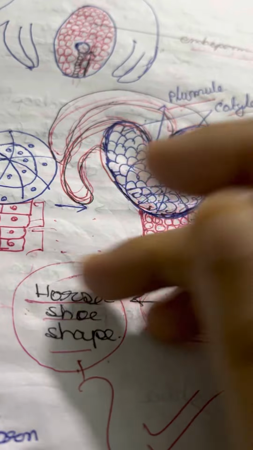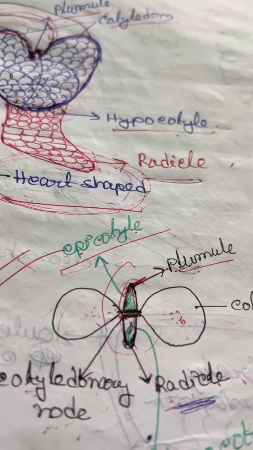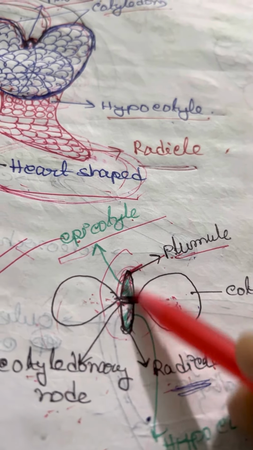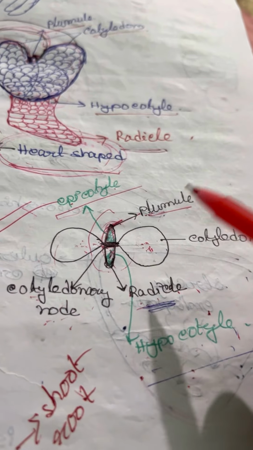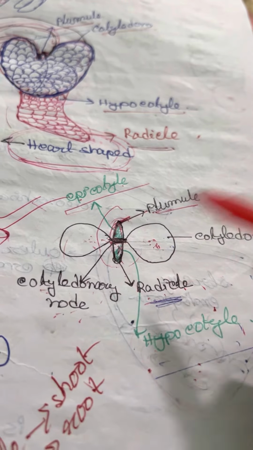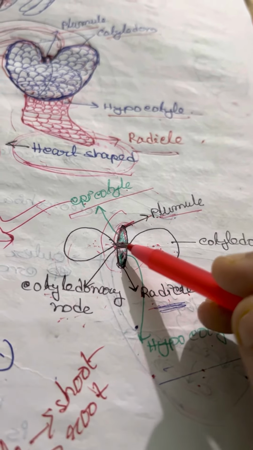So now what will we see? The actual structure of the seed of a dicot plant. Here I have drawn the structure. You see, this portion is the two cotyledons. This is the embryo main axis.